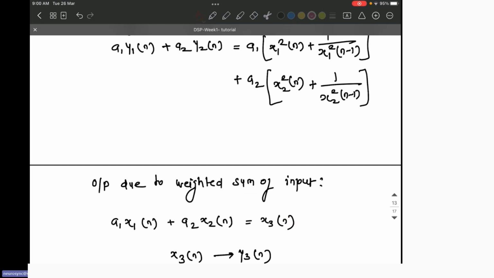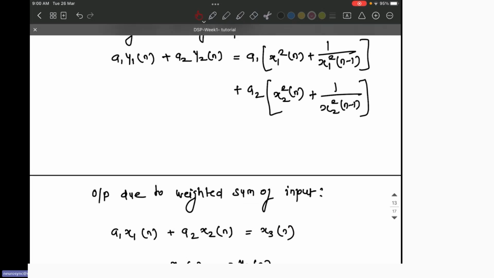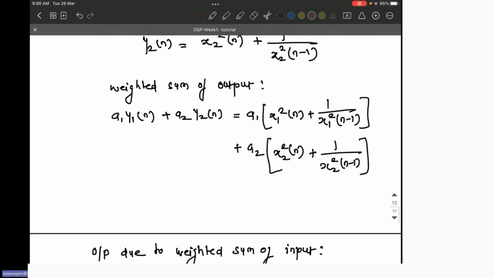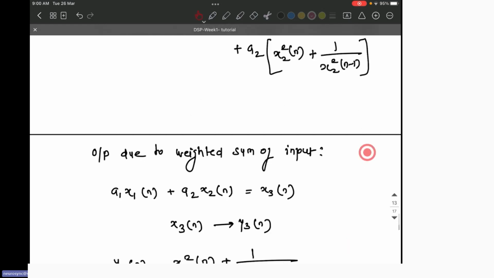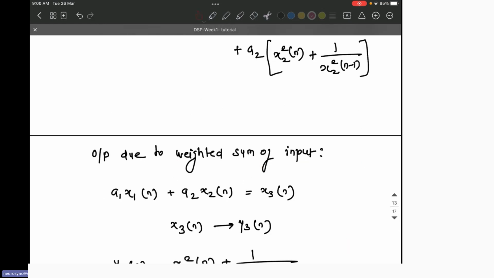Now, we need to find the output due to weighted sum of input. Here we have calculated the weighted sum of output. Now we need to find the weighted sum of input. Okay, output due to weighted sum of input. Now weighted sum of input means we need to put some weights on the input.